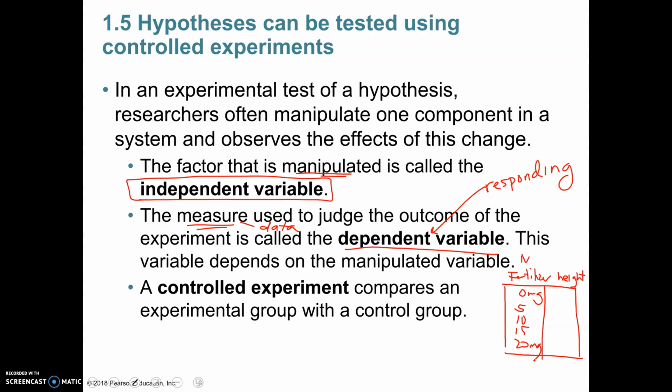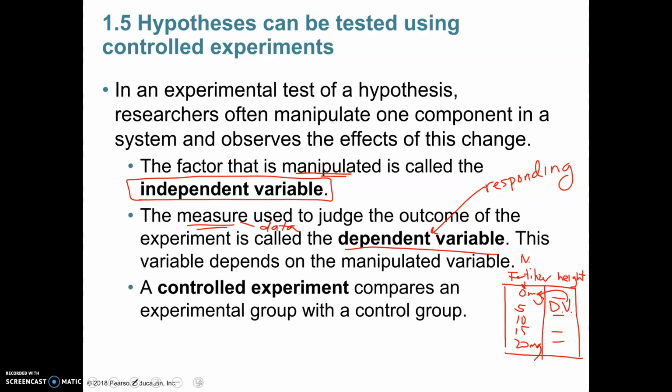So the amount of fertilizer I add, that would be my independent variable. I put IV for independent variable. What am I going to measure? The data that I'm going to collect, how tall the plants are maybe after a week or something like that. This is going to be my dependent variable because it depends on if they respond to that change, the independent variable.